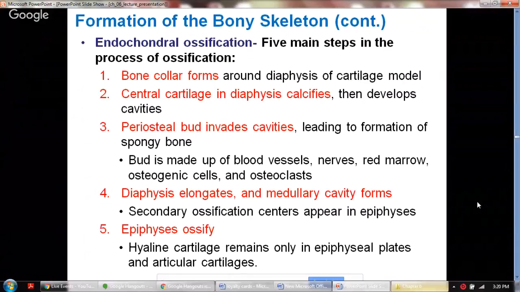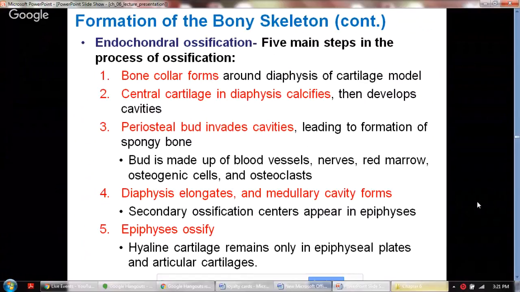Later, the diaphysis starts to elongate as calcium is deposited, and the medullary cavity starts to form. Then the secondary ossification centers start to appear in the epiphysis.